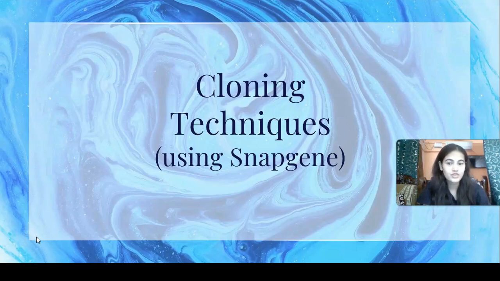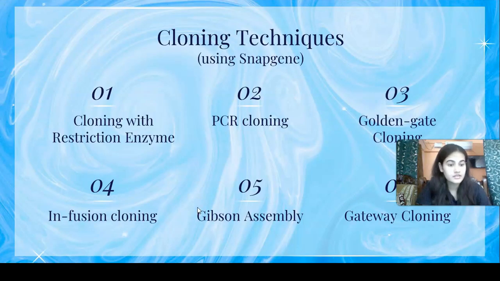In this video, we are going to study the cloning techniques using SnapGene to create our own plasmid and vector for cloning experiments. So, in SnapGene, you can see there are different types of strategies to clone our plasmid.